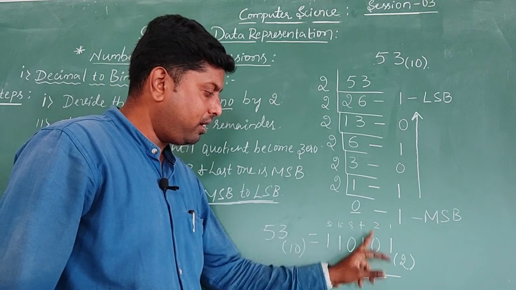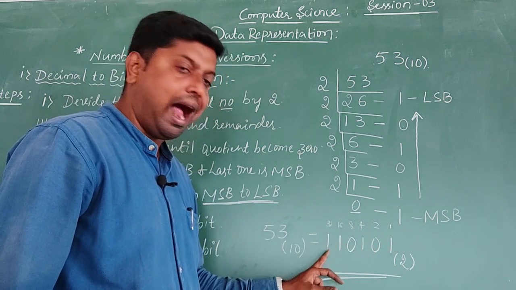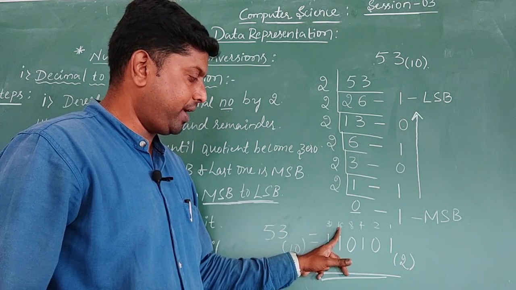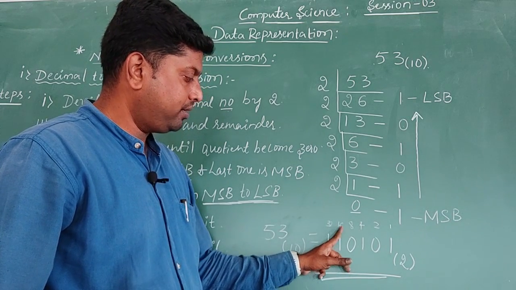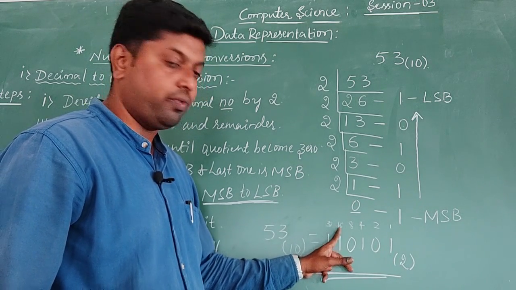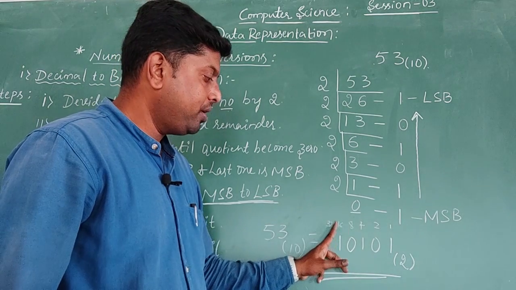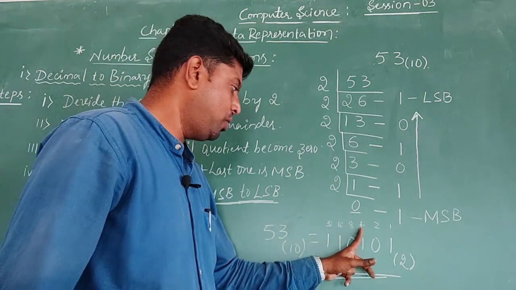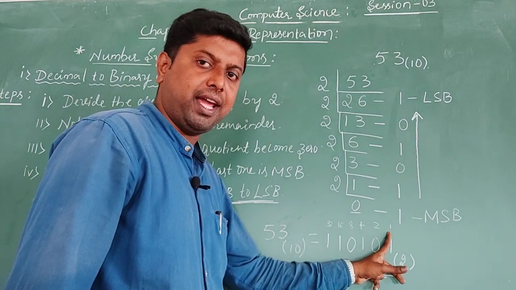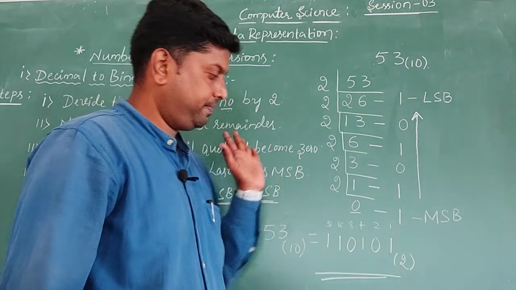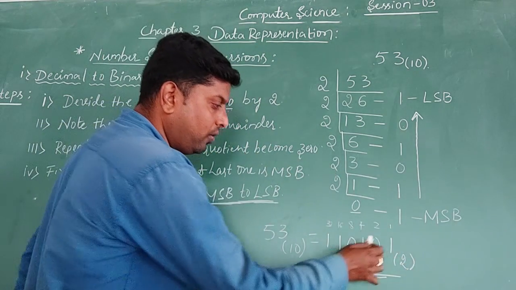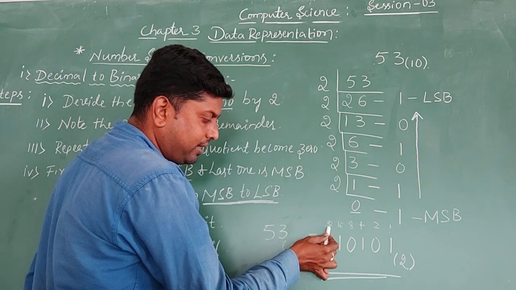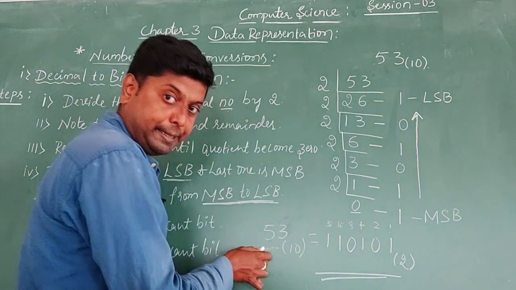Where 1 is there, you just add those numbers. 32 plus 16, 48. 48 plus 4, 52. 52 plus 1, 53. Like that. See here, 1 plus 4 plus 16 plus 32, definitely you will get 53.